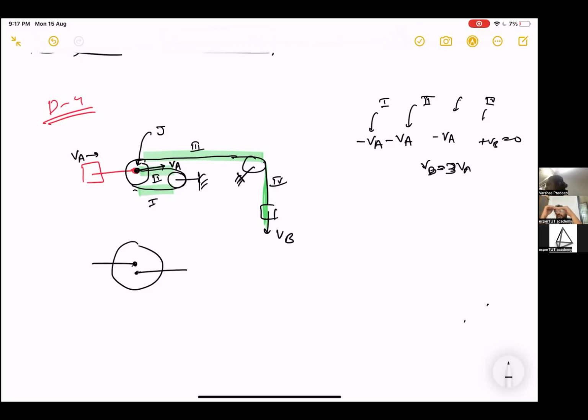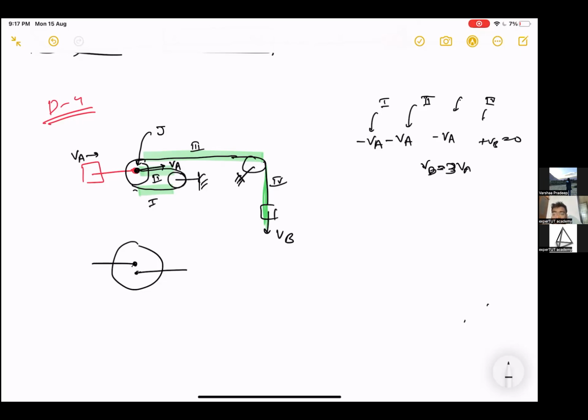Now for the topmost string, it is plus AA minus AB. That's correct. For the middle pulley, it is plus AA again minus AB. That's correct. The bottom pulley, 0 minus AB. That's correct. Equal to 0. So 2AA is equal to 3AB. That's also correct.